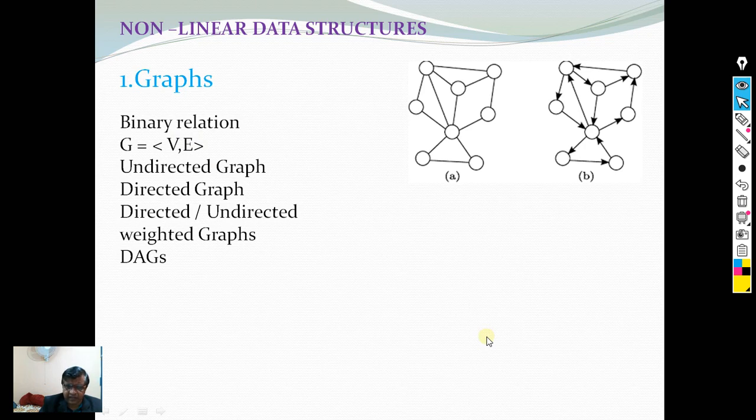Okay, there are categories of graphs. It could be an undirected graph like this, or it could be a directed graph like this. Directed graphs are modeled whenever there is a situation of flow or vehicular movement, where the directionality of movement of commodities or vehicular traffic is predicated.